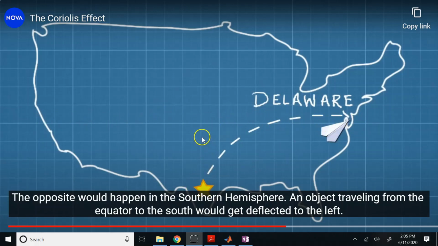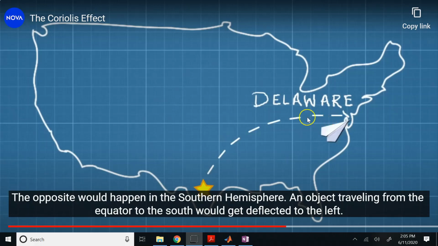So it goes faster than them because it still has some angular momentum that these points don't, and it moves ahead of them. And instead of coming right to the north of it, it moves forward to the right. So when you look at it point by point, instead of this one going directly upward, it looks like it is curved to the right.